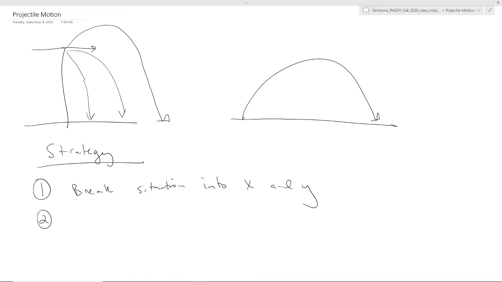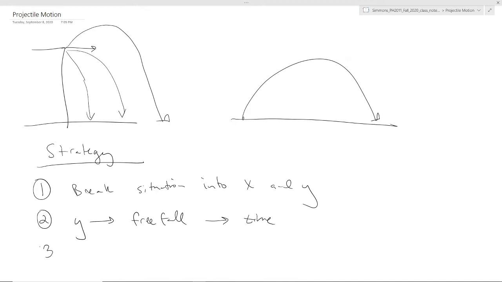You use the y direction, which is really free fall. If you can do all the different kinds of free fall problems, you can solve for what's happening in the y direction during projectile motion. Generally, this gives us time.